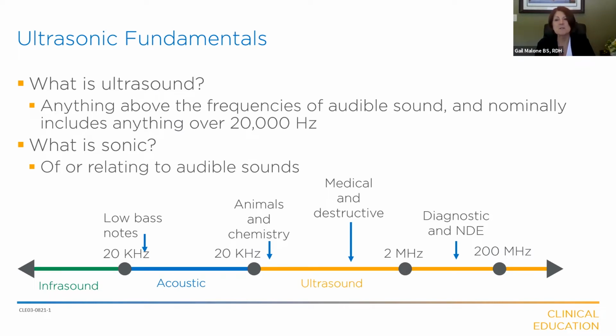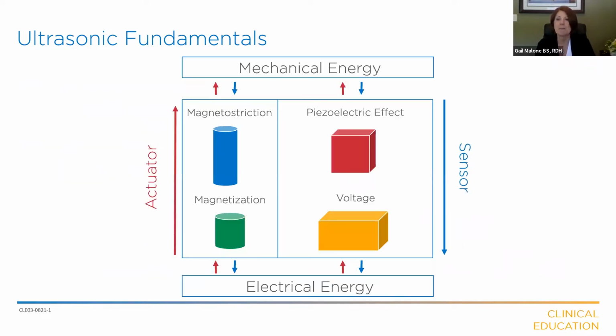The frequencies used in diagnostic ultrasound at that high end of the spectrum are typically between 2 and 18 megahertz, significantly more than the 30,000 cycles per second that we use with ultrasonic technology. The ultrasound technology at the higher level that you're probably most familiar with is in the form of ultrasound used to monitor things like fetal development.